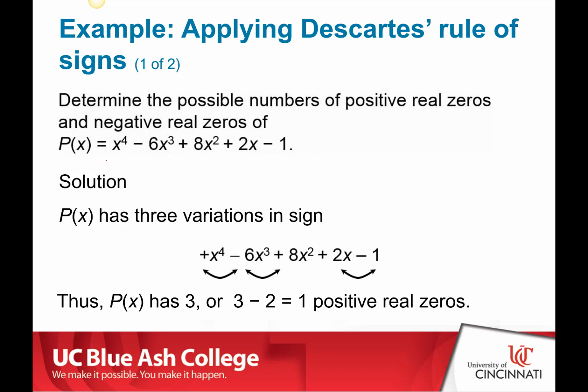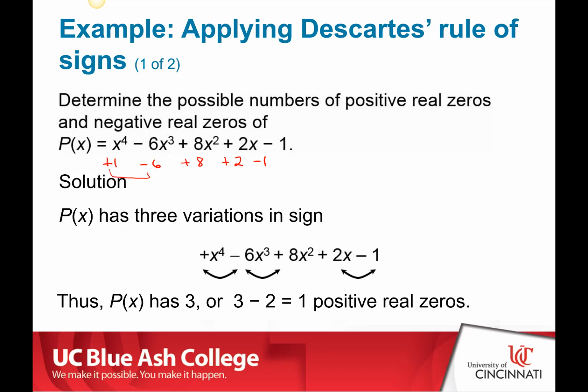First off, we have here a positive 1 for our coefficient. Then we have a negative 6 for our coefficient. A positive 8, a positive 2, a negative 1. We go from positive to negative. That's a change in sign.